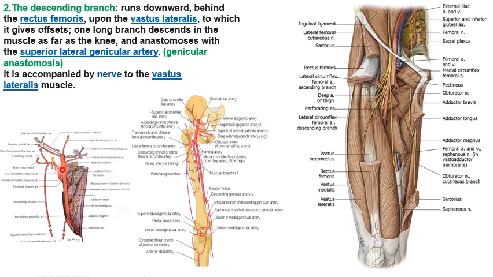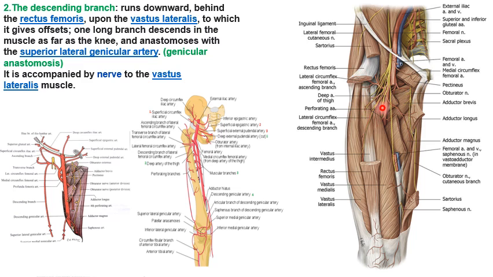Coming to the descending branch, this is the descending branch of the lateral circumflex femoral. You can see here, right? This is the descending branch. Now this descending branch runs downwards behind the rectus femoris, resting on vastus intermedius and along the vastus lateralis. This is the rectus femoris which is cut.